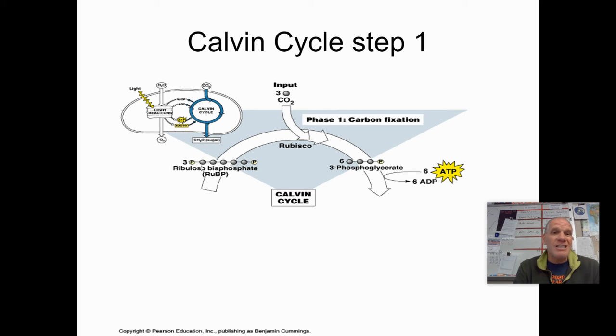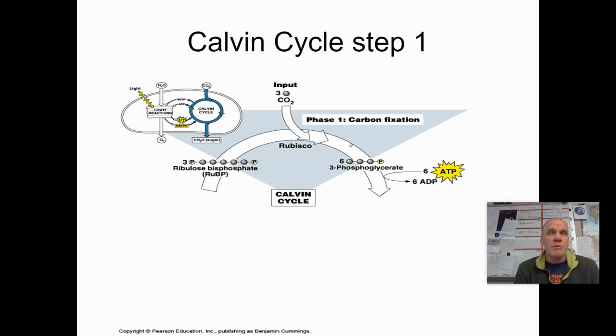So ribulose, that means it's a sugar. We're going to take this 5-carbon sugar and we're going to add a CO2 to it. Okay, and what's going to happen is it's going to make a 6-carbon molecule, but that is very quickly broken down into two 3-carbon molecules called phosphoglycerate, or PG.